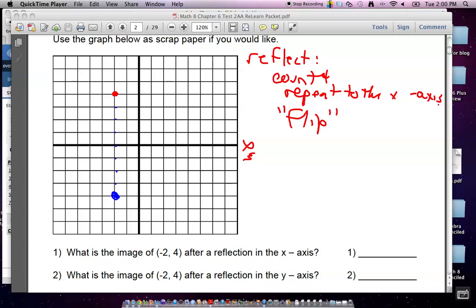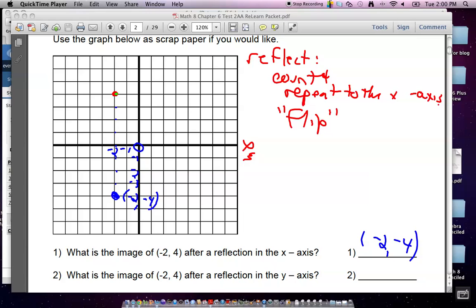There is my point. That is the image point. So the x is still at -2, right? 0, -1, -2. The x is still at -2, but now the y is at -4. So the answer to number 1 is -2, -4.